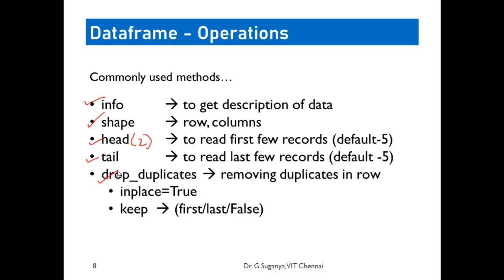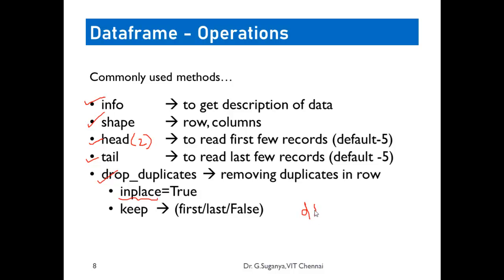Okay. So drop duplicates will remove the duplicate rows. Most of the time, if you collect data from people, they may end up with duplicate values, and you can remove them. What is this inplace operator like? Suppose I have a data frame named df.